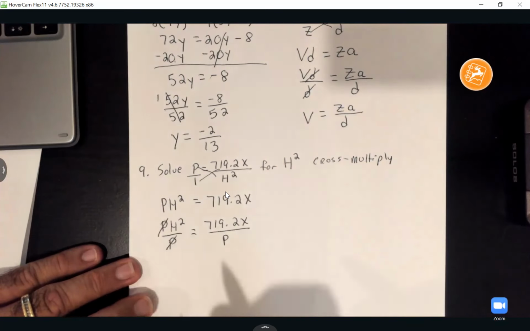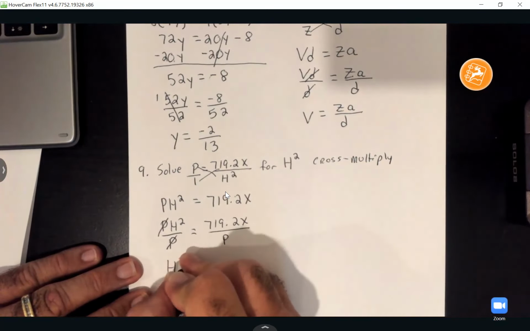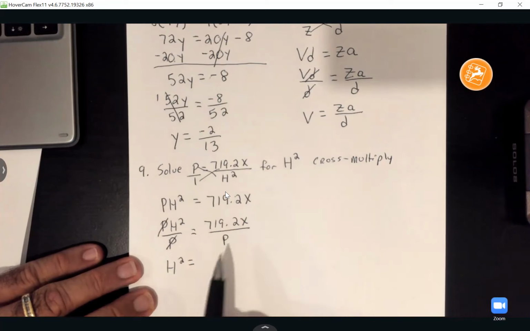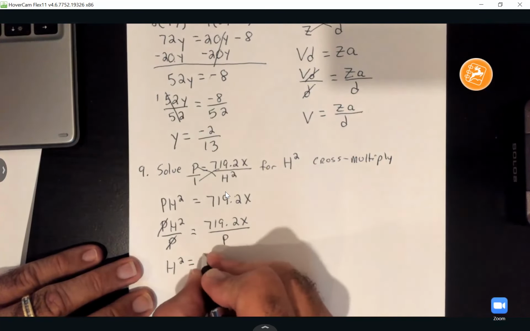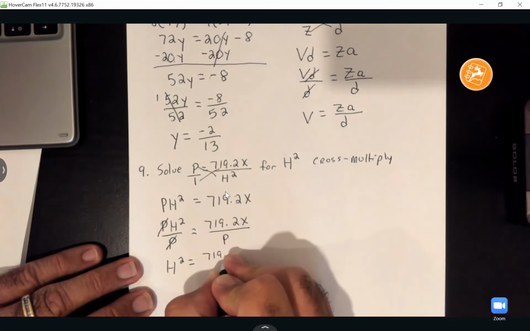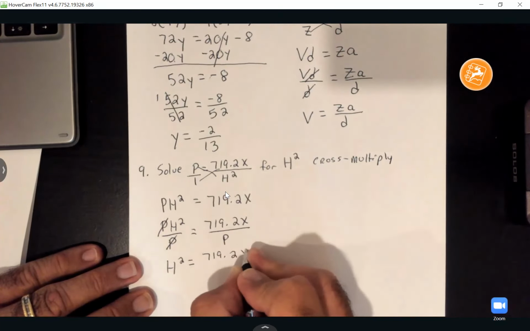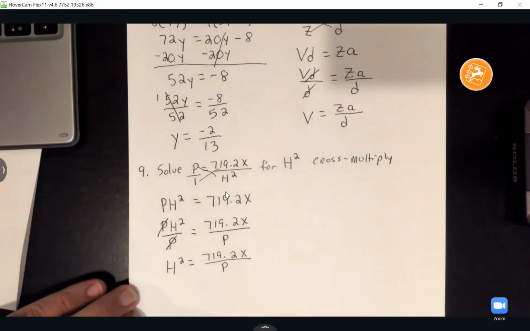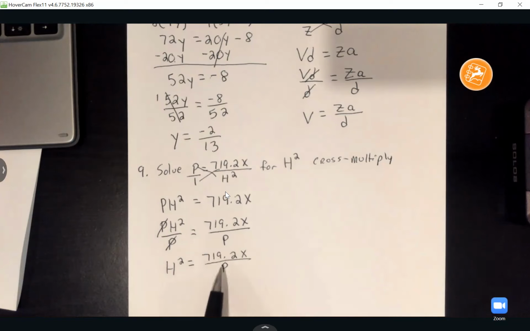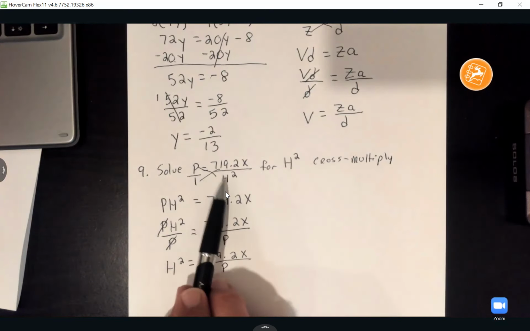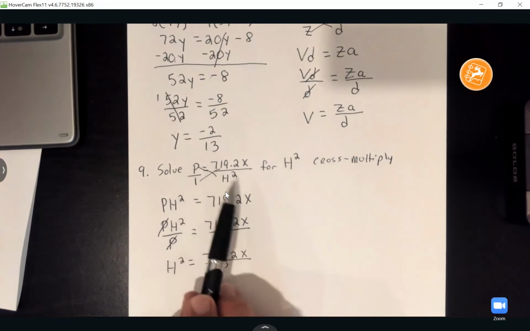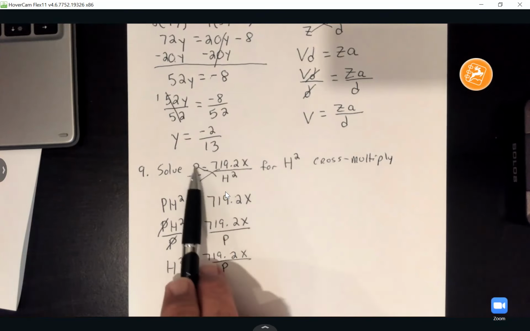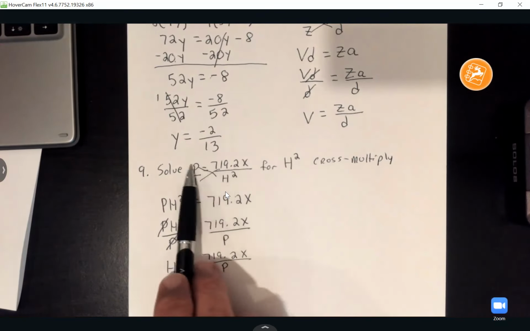So that's just 1h squared, which is h squared. Over here, we can't do nothing to that to simplify it. So that's going to stay 719.2x all over p. So basically on this one, all I did was put the h squared here and the p down there. Sort of like I just flip-flopped them, okay?